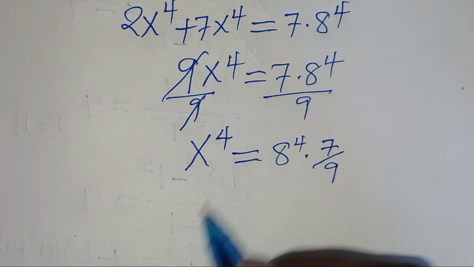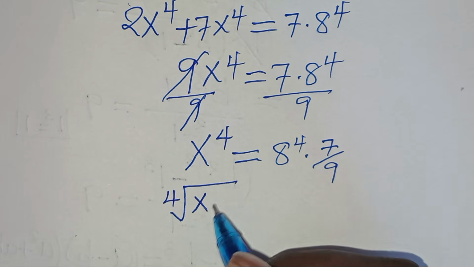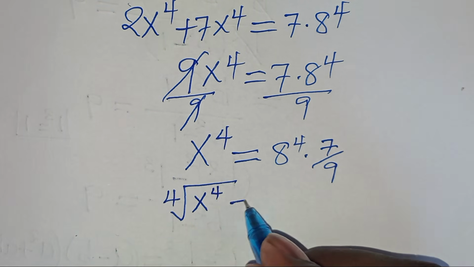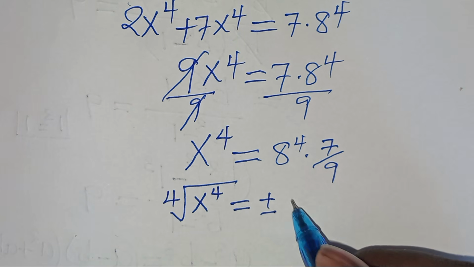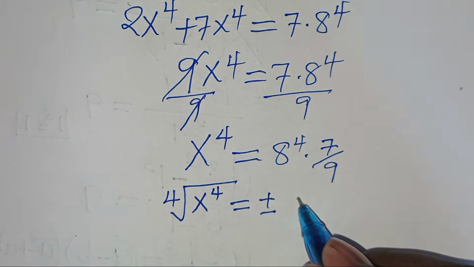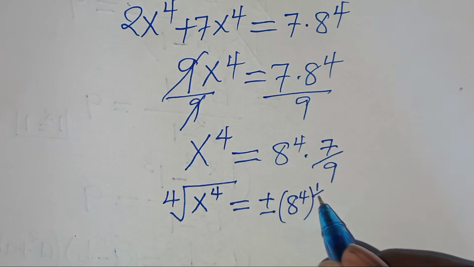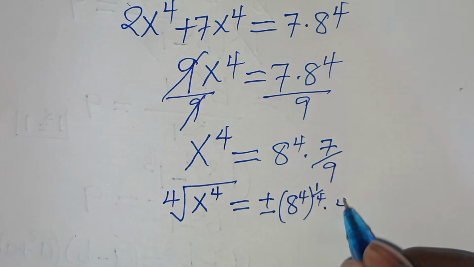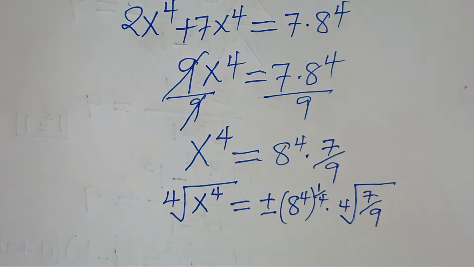To solve for x here, let's introduce the fourth root on both sides. This is the fourth root of x to the power of 4, equal to plus or minus. We have the fourth root of 8 to the power of 4, which is the same thing as 8 to the power of 4 raised to the power of 1 over 4, multiplied by the fourth root of 7 over 9.